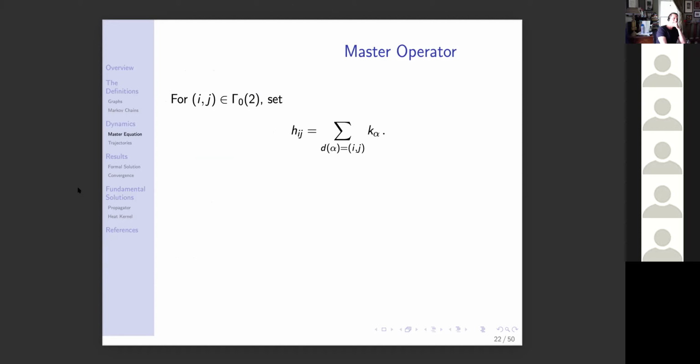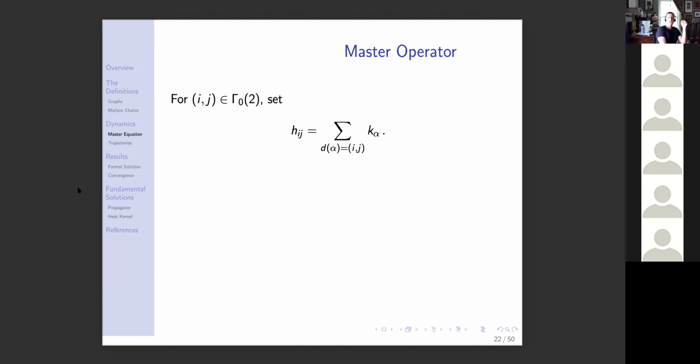Suppose I have an ordered pair of distinct vertices I and J in my directed graph. Then I can look at all the edges which start at I and terminate at J, and take the rate of every such edge and add them all together.